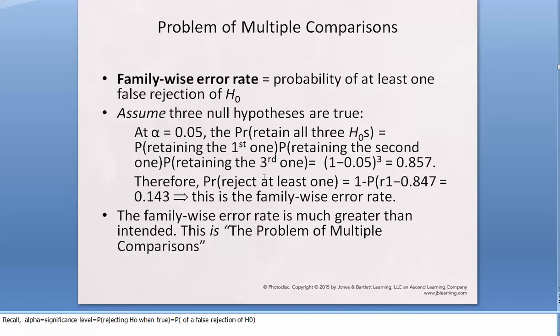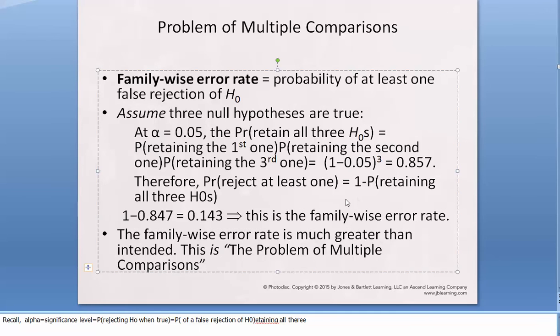So this is just one thing that we found. That is what we need, right? The probability of rejecting at least one is the complement of keeping all three.